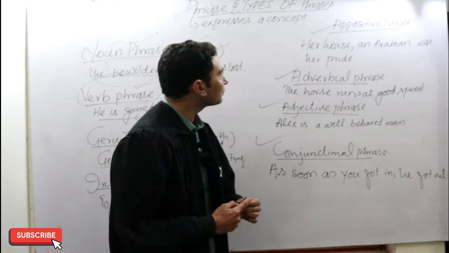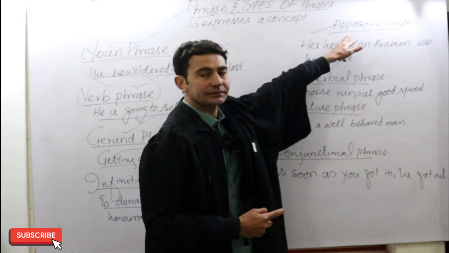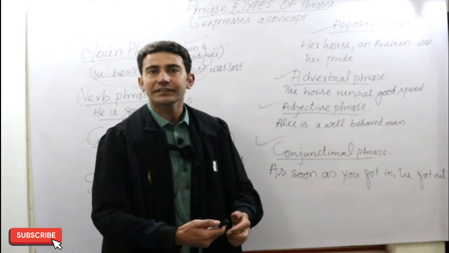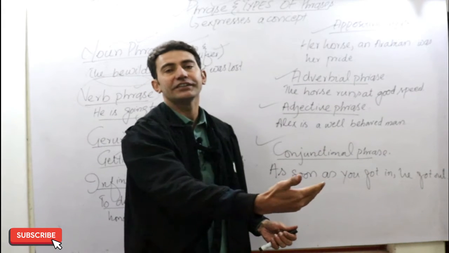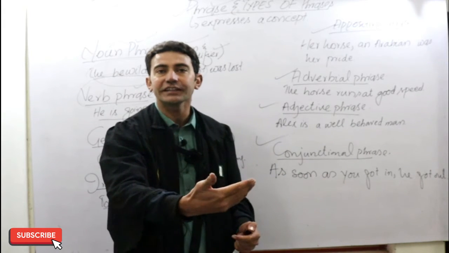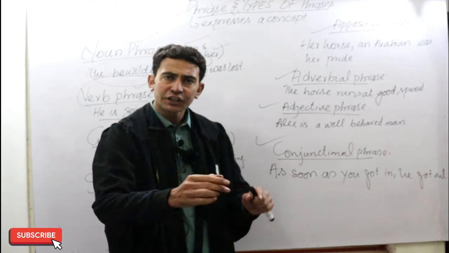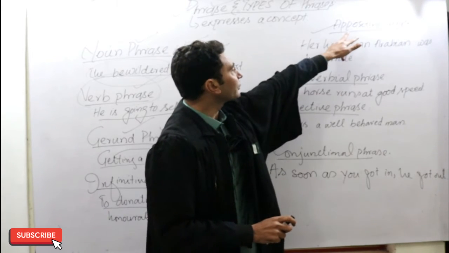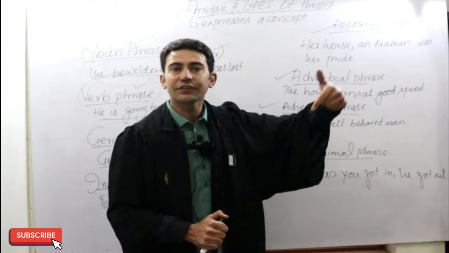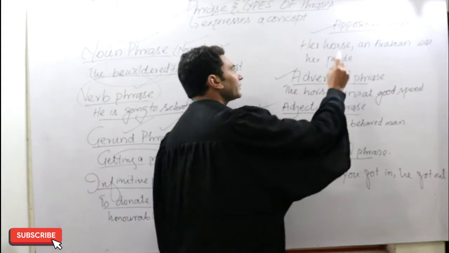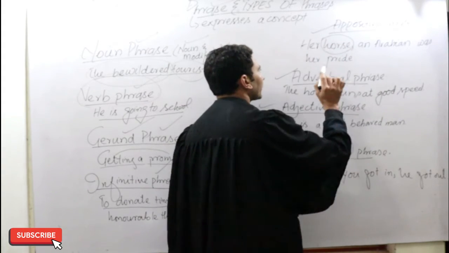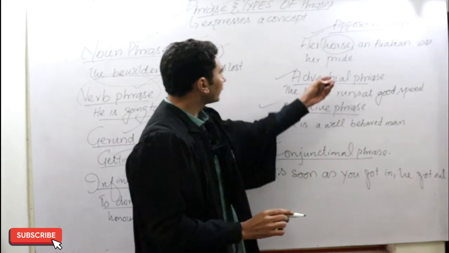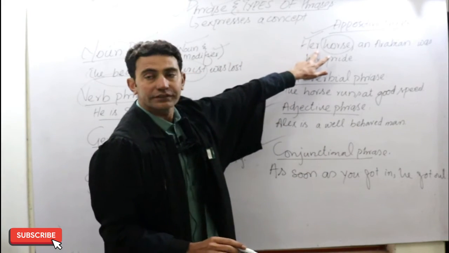Okay, now let us move on toward the appositive phrase. An appositive phrase defines and then redefines a noun. It restates a noun. Meaning you have given a definition to a noun, but through an appositive phrase, you redefine that particular noun. Like we have a noun, horse, and we have already described it by using the possessive adjective "her".